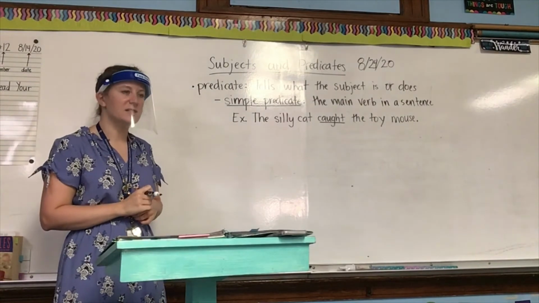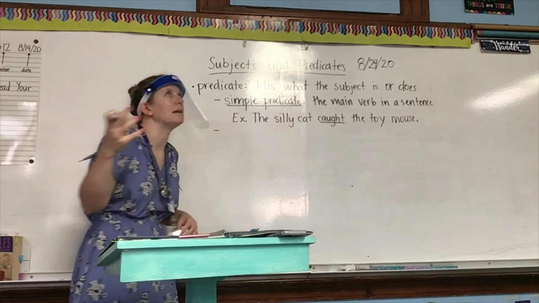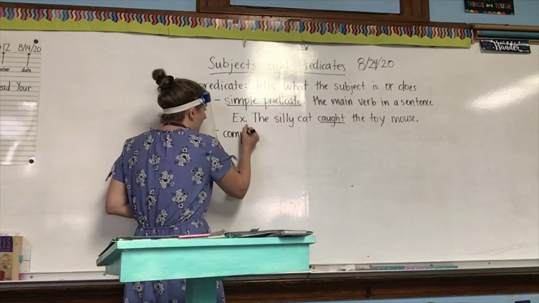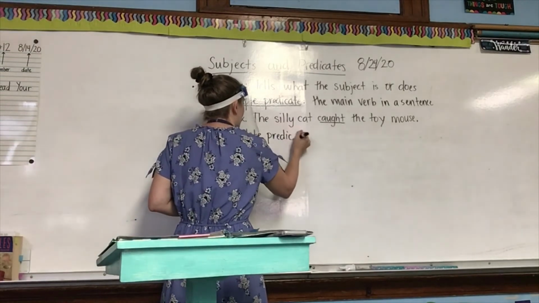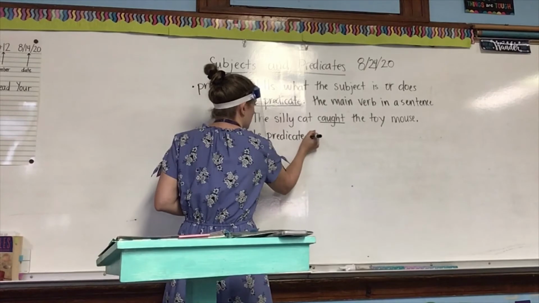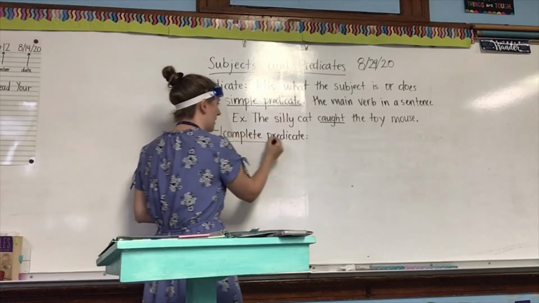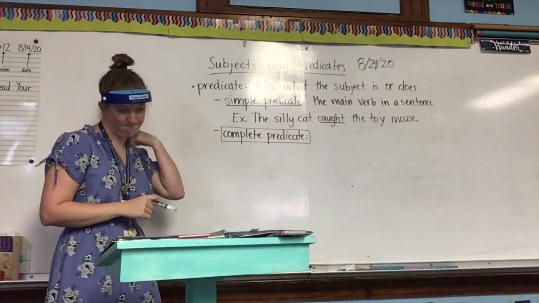Now that would be a pretty boring sentence, so we also need, not always, we don't need it, but it's helpful to add a complete predicate. We're going to put a box around that because once we get to it, we're going to put a box around it.